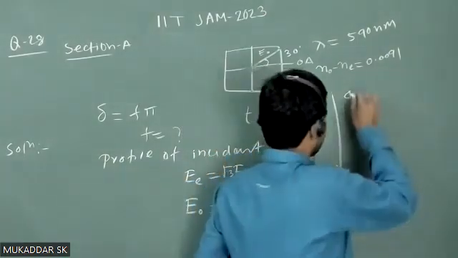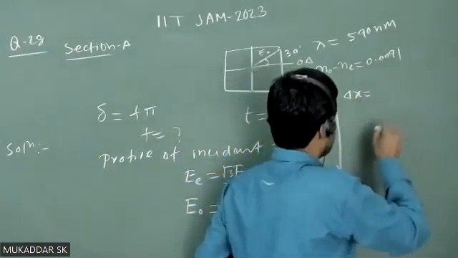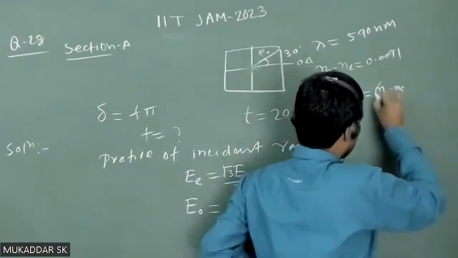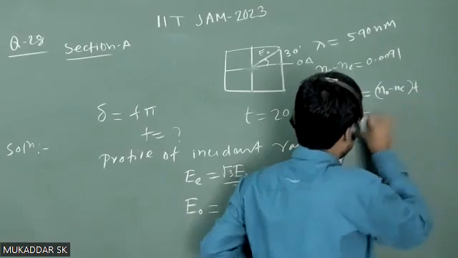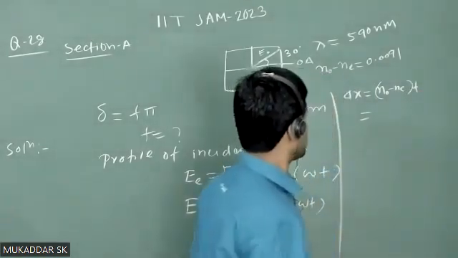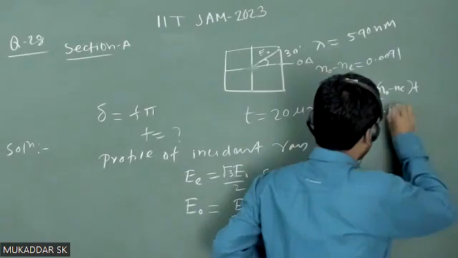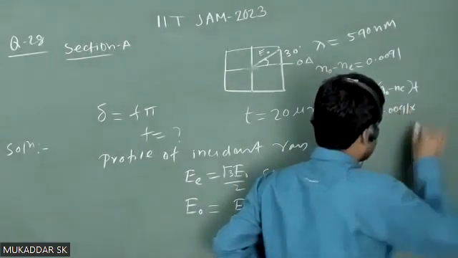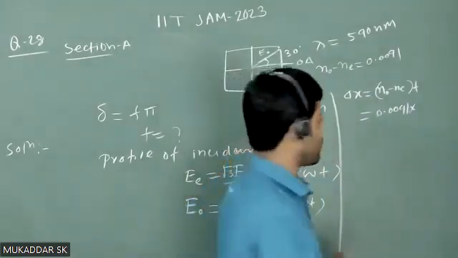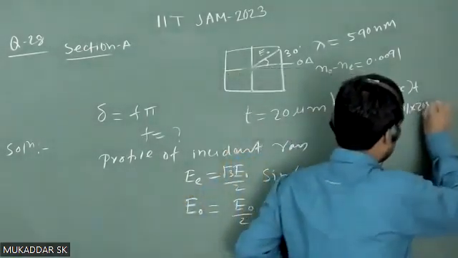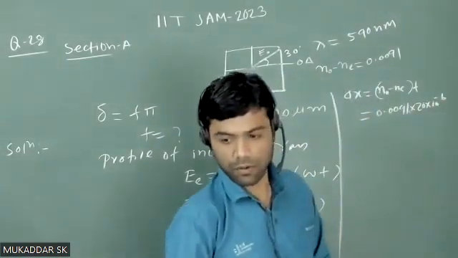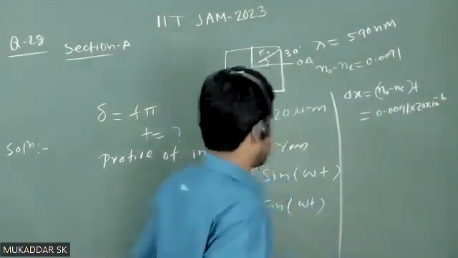I can represent it as delta x, which is nothing but the difference in refractive index, NO minus NE, into T. That will be 0.009 into T, which is 20 into 10 to the power minus 6 meter.